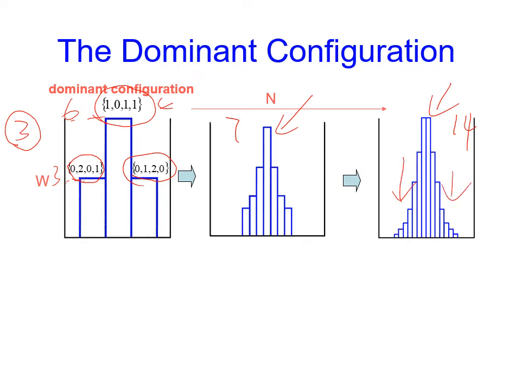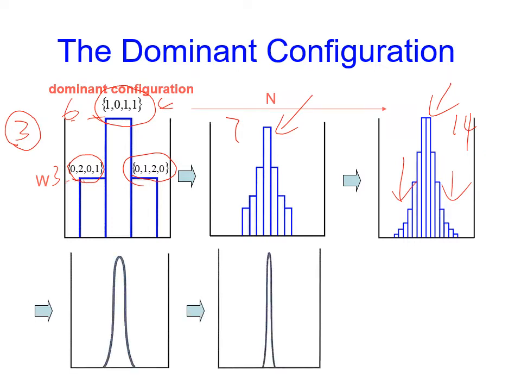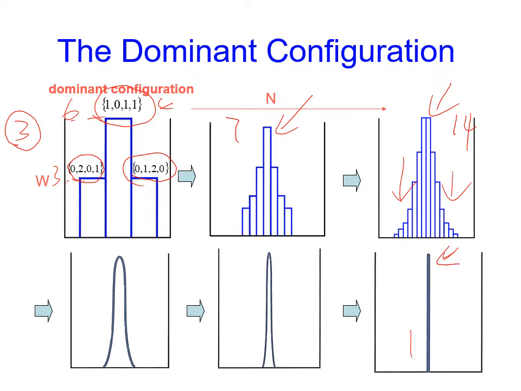If we increase the number of particles even more, the number of arrangements of the dominant configuration is so large compared to other configurations that the others become insignificant, as if it were the only configuration that you can observe.